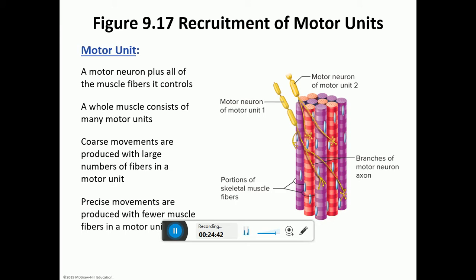If you compare that to the motor units of your fingers, where you need fine motor skills in order to type or to write, to paint and so on, you need these fine muscle coordination movements. You'll have smaller motor units.